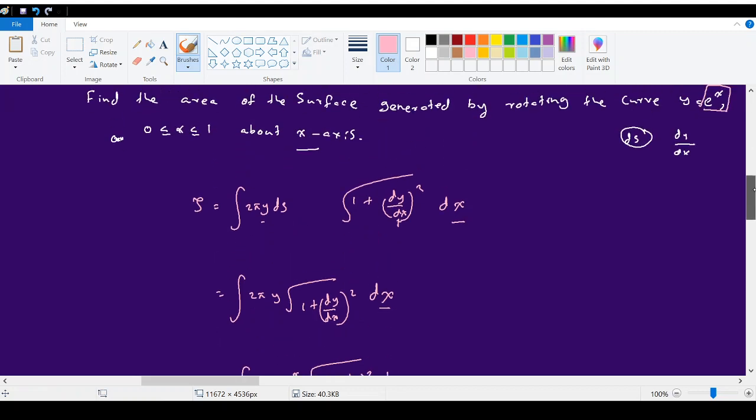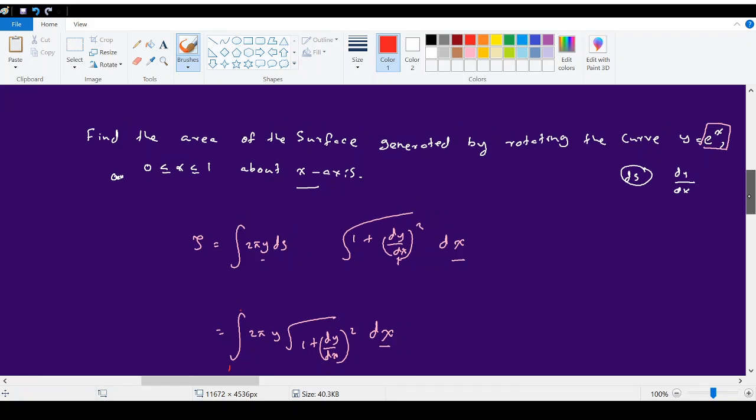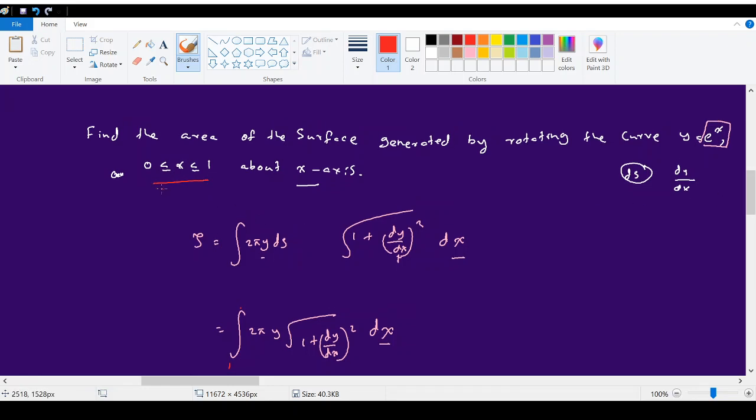And as we have the equation y equals e^x, then dy by dx will also be equal to e^x, right? And now since we have the integral with respect to x, our two limits should also run through the variable x, and anyway they have given the limits in terms of x, so simply you have to mention the lower and upper limits, right?